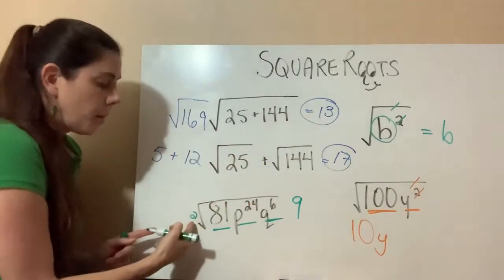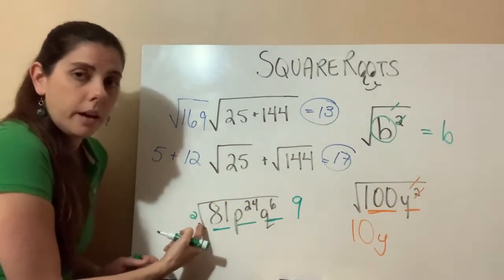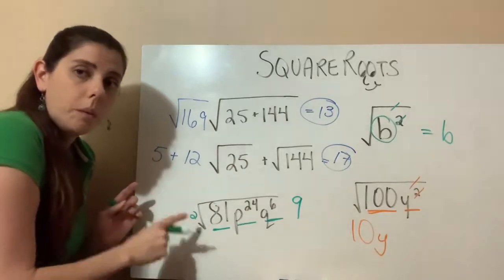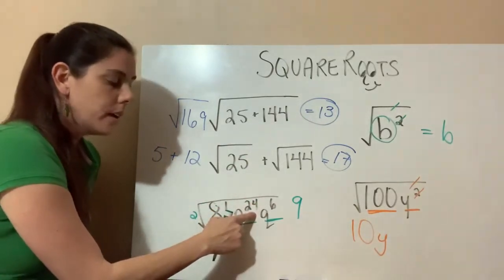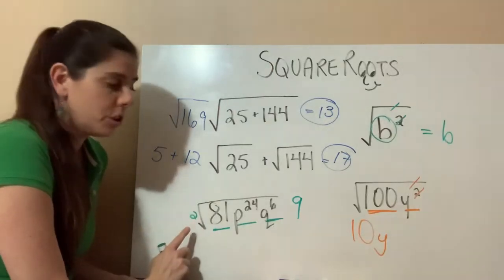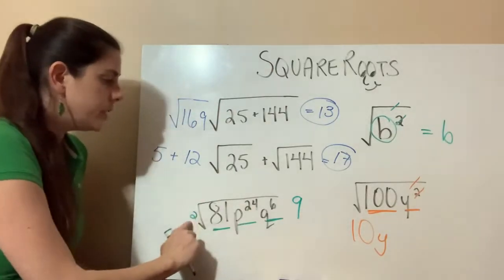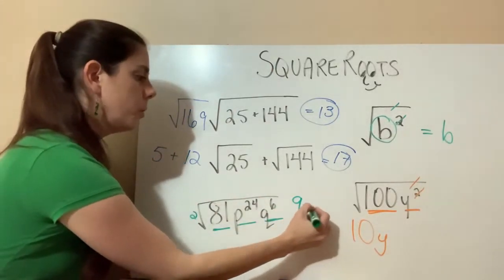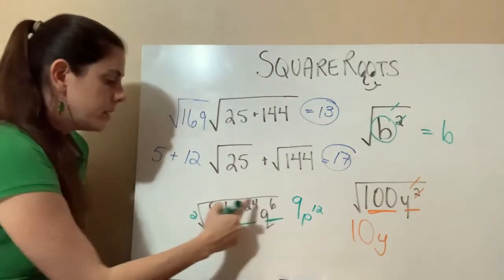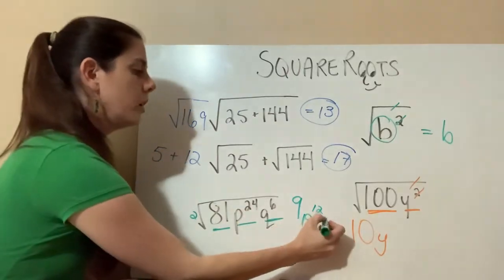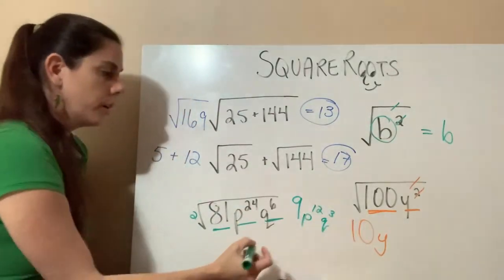Well, remember, this is like an exponent. In the reverse problem, this would have been the exponent. So what you're going to do is take this and divide it by the 2. So 24 divided by 2 would be p to the 12th. And then 6 divided by 2 would be q to the 3rd.